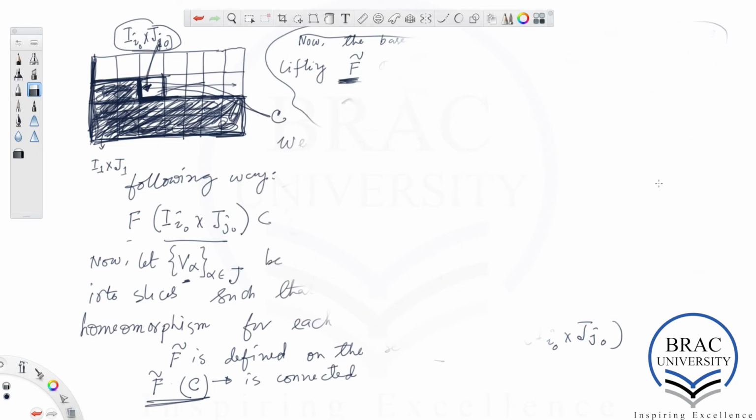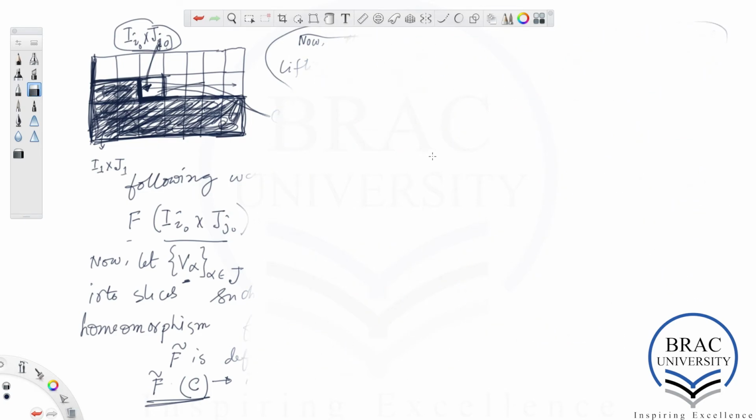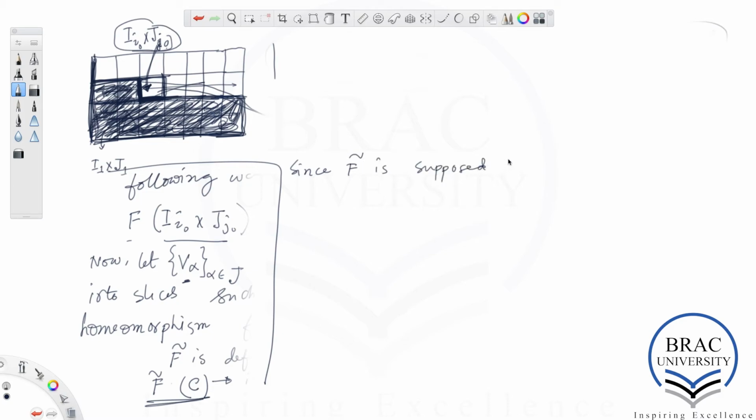Let me erase this part. I need the figure, so I keep it. Since f tilde is supposed to be a lift of f, one must have P composed with f tilde is equal to f, right?